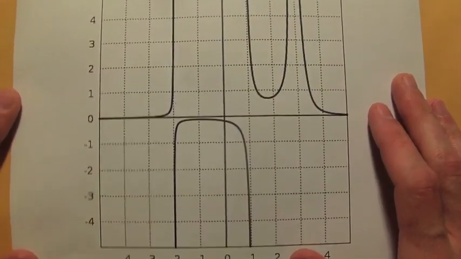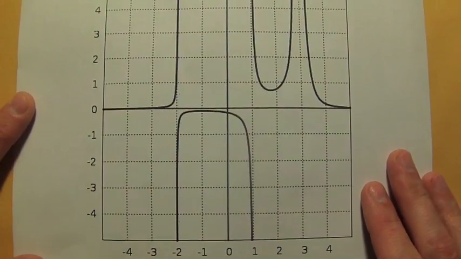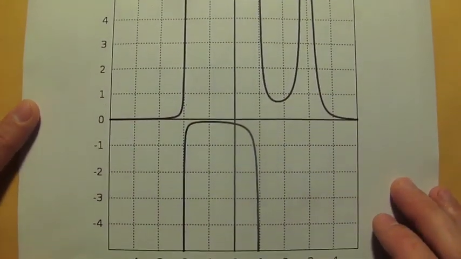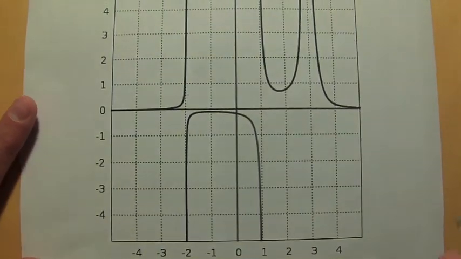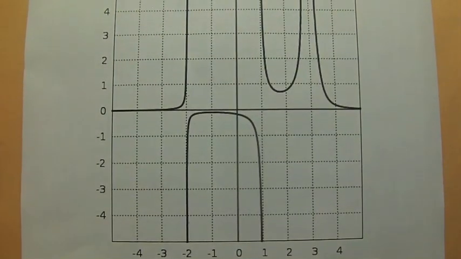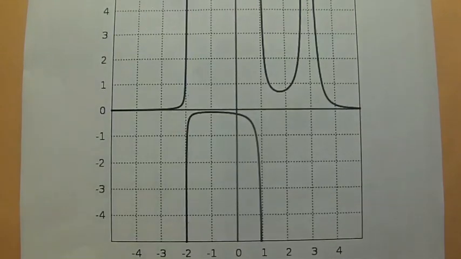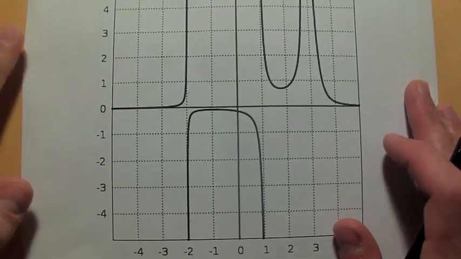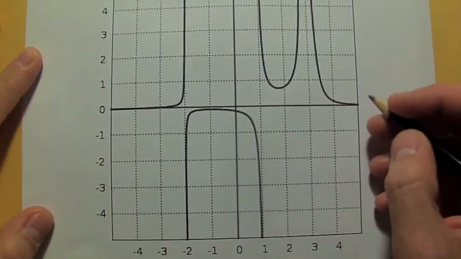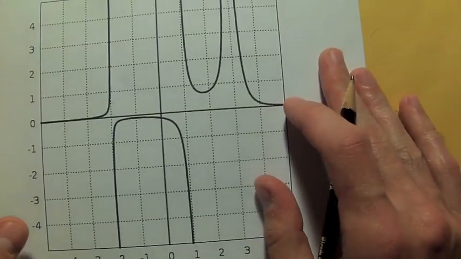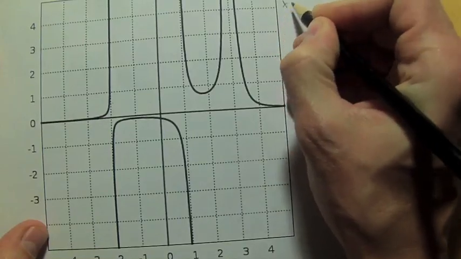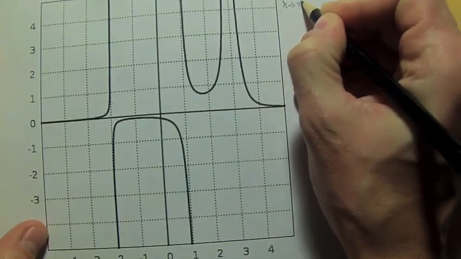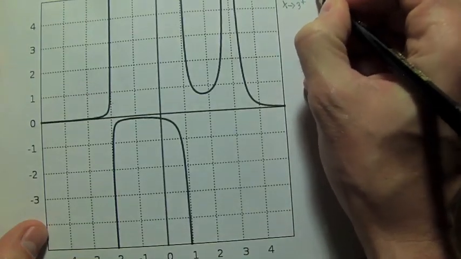So let's look at a graphical example here. This one's kind of big, but it fits well enough for us to see what's going on. I'm going to look at the limit at each particular asymptote. So let's look at the limit as x goes to 3 from the positive side of f of x.